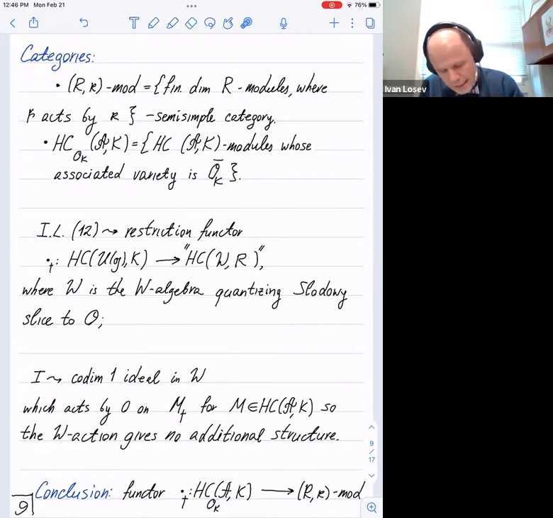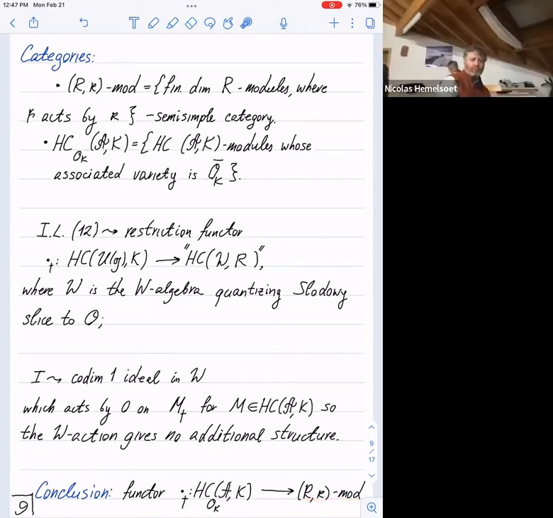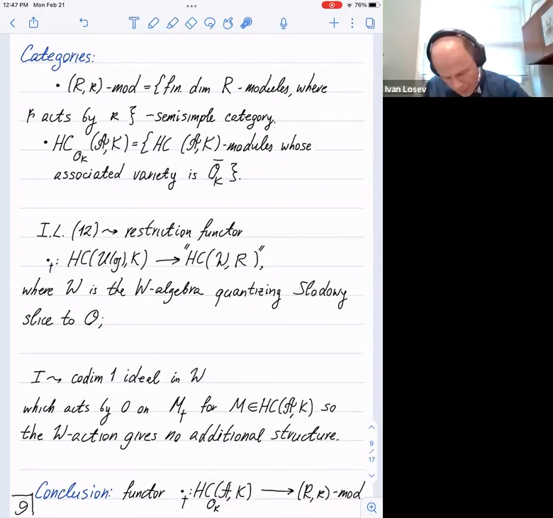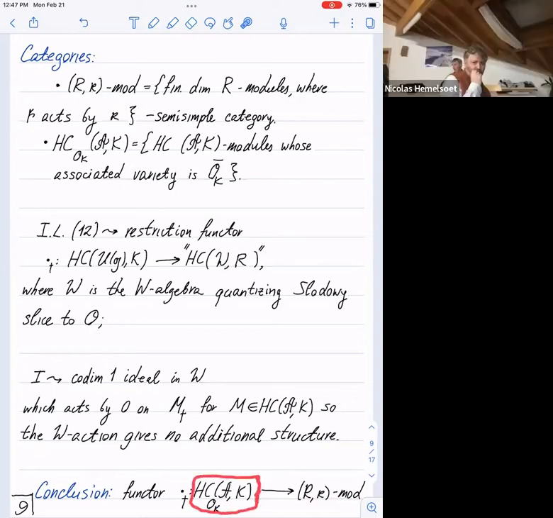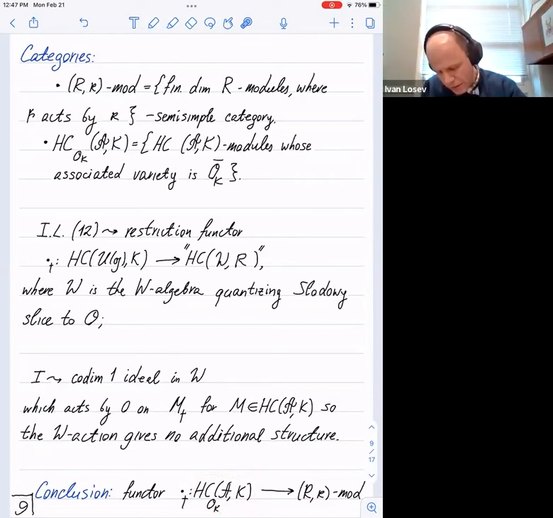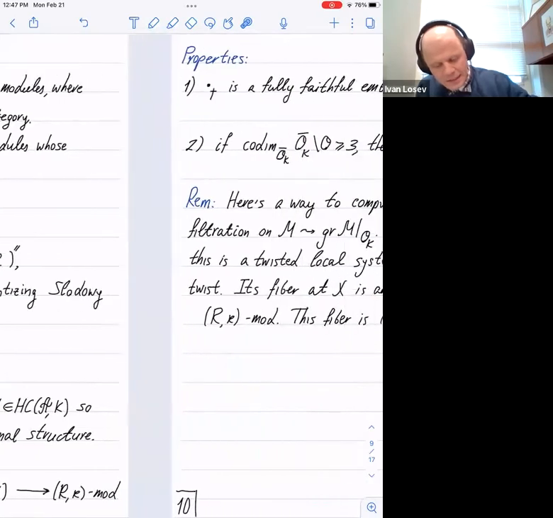The only information about the target is the action of this group R. And it turns out that since this quantization is canonical, I'm going to land in the category of R-kappa modules, which is a semi-simple category. So I can start with my Harish Chandra module supported on the closure of O_K, and I get a projective representation of the component group of R.